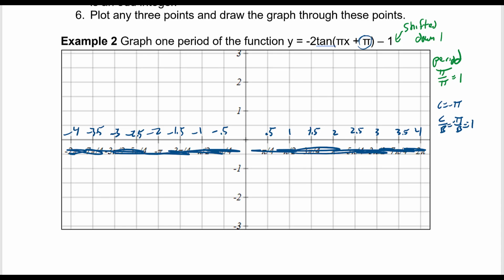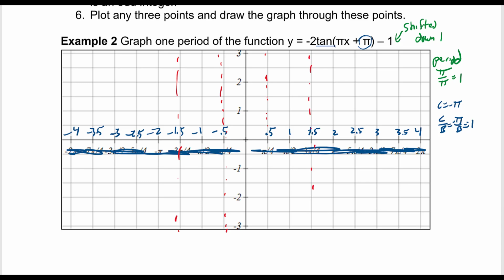Okay, so we would have had the asymptotes at negative 0.5 and 0.5, but we're shifted by 1. So this would go 1 over, which lines up here. And this would go 1 over, so it lines up here. So every 1, we're going to have 1.